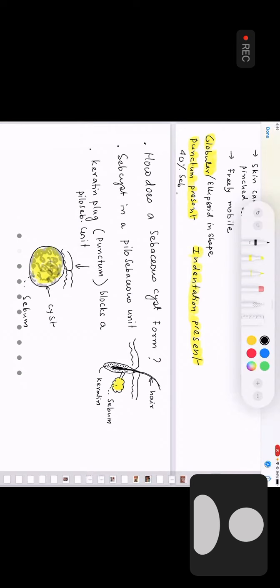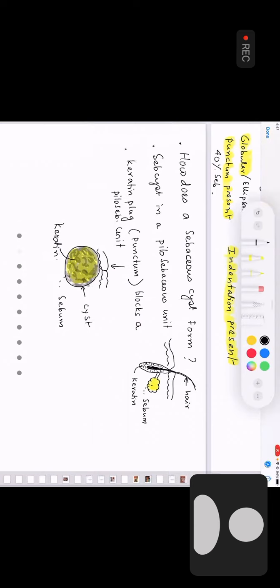So the content will be sebum and keratin together. This is the picture that you have to remember for writing in an exam. So it contains sebum and keratin. This is how a sebaceous cyst is formed. Have I made you understand this point, sir? Yes, sir. So this is done.